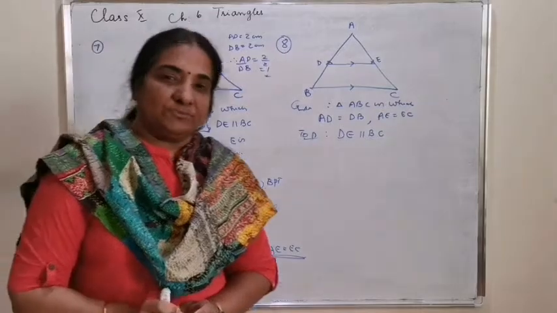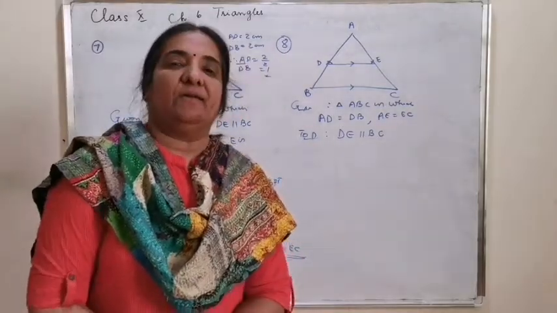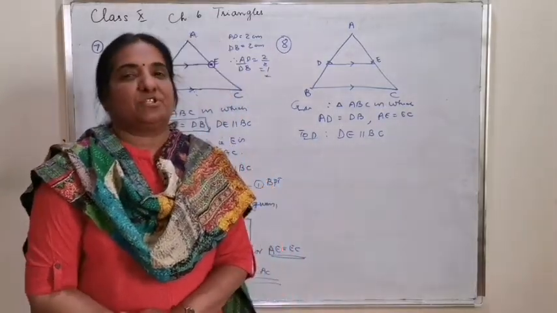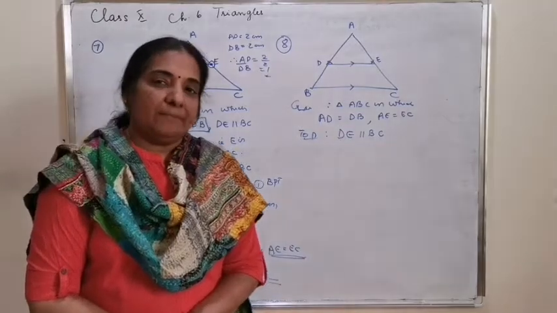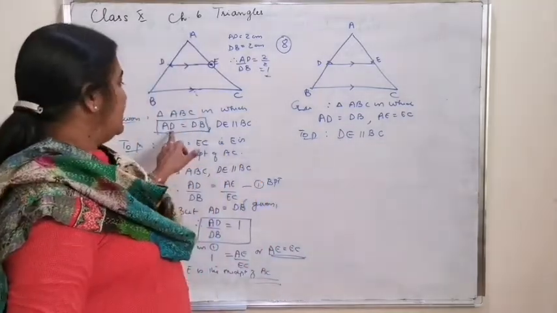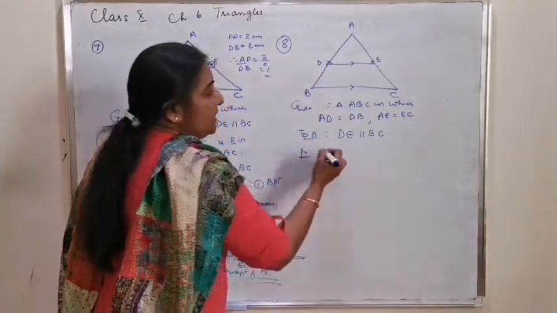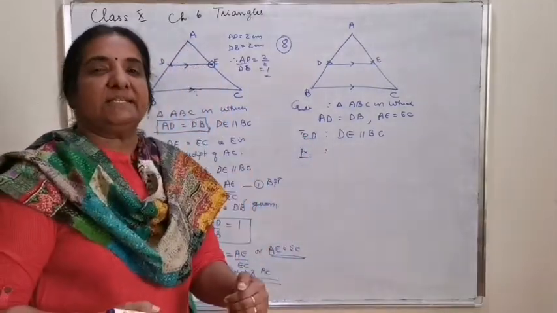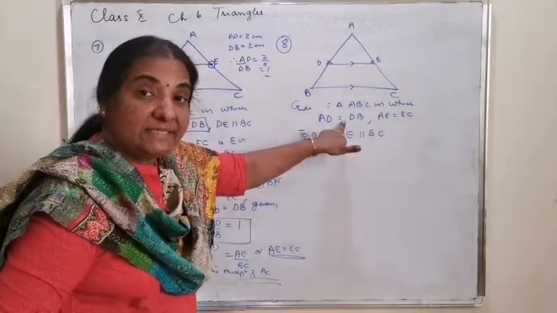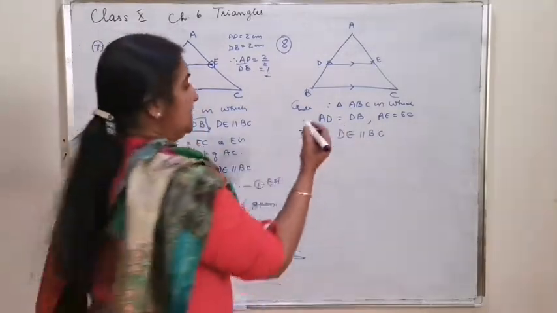If you have to prove that the lines are parallel, always the converse of basic proportionality theorem will be applied. The proof can be followed the same application here. We cannot start with the triangle, we have to start with the given condition. What is the given condition?